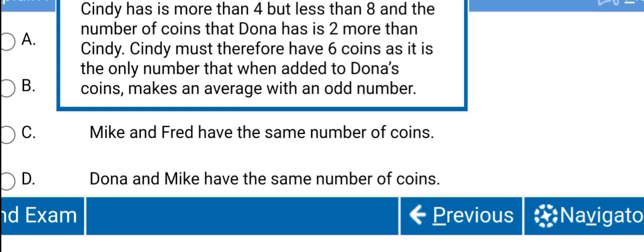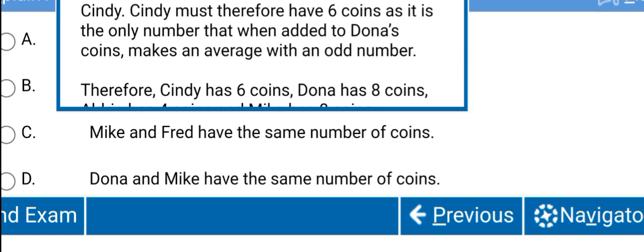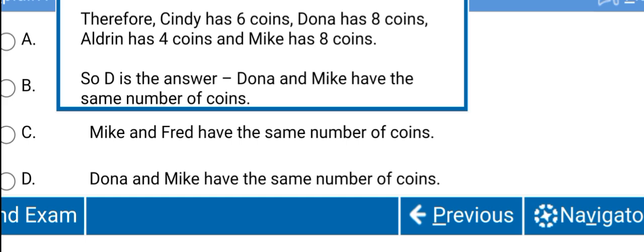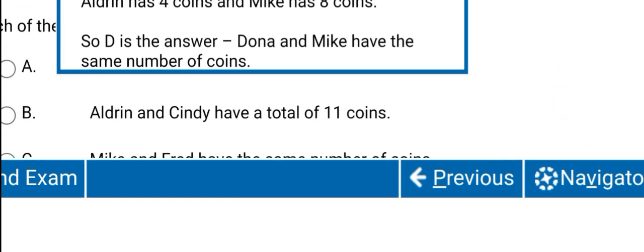Cindy must therefore have 6 coins, as it is the only number that when added to Donna's coins makes an average with an odd number. Therefore Cindy has 6 coins, Donna has 8 coins, Aldrin has 4 coins and Mike has 8 coins. So the correct option is D, that Donna and Mike have the same number of coins.